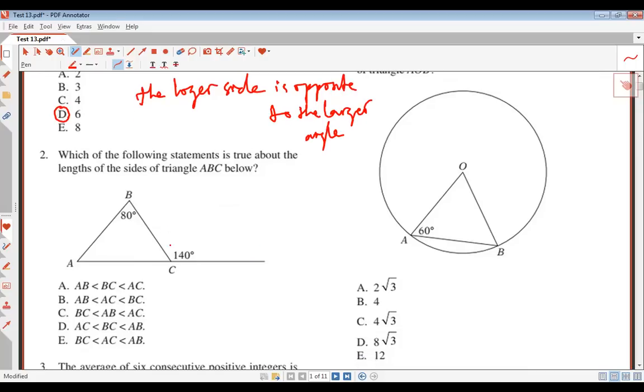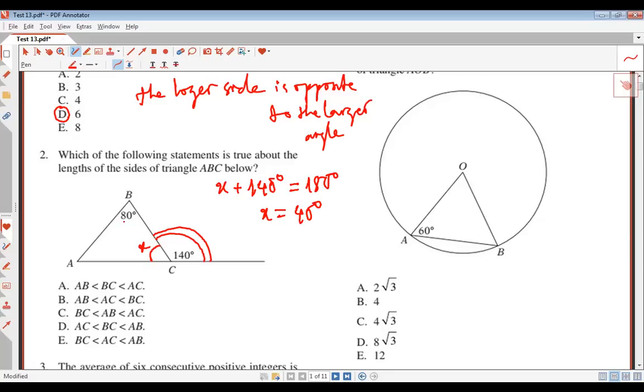Look at the figure. We can easily see that this angle S and this angle 140, the sum of them is 180. That means 140 degrees plus S equals 180 degrees, or we can say S equals 40 degrees.